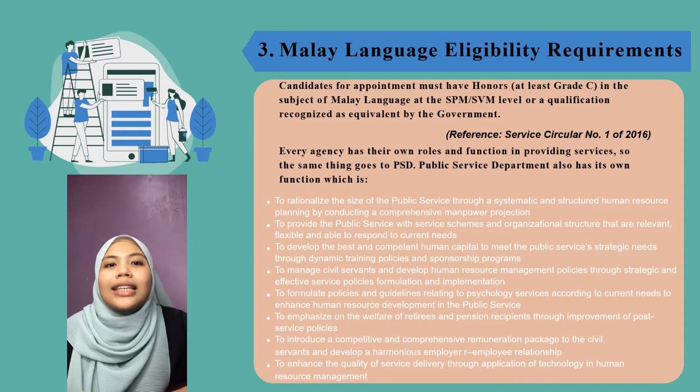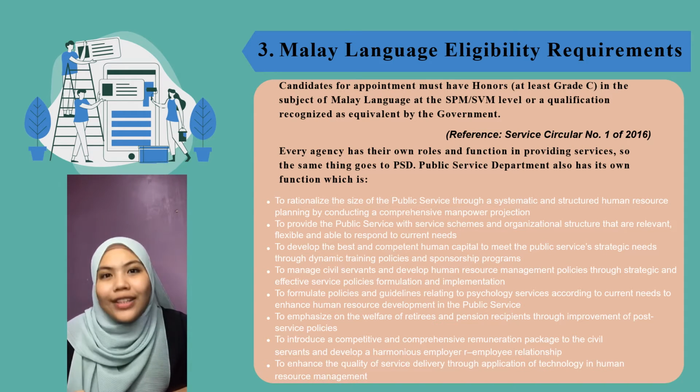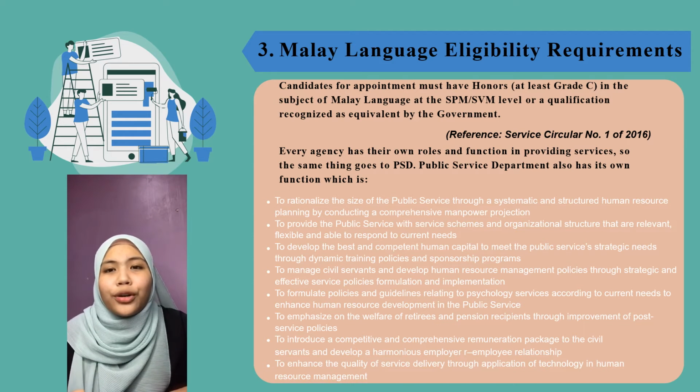Second, to create a service scheme and organizational structure of the public sector that are relevant, flexible, and capable of responding to contemporary needs. Number 3, through dynamic training policy and sponsorship programs, produce the best and most qualified human capital to meet the public service strategic needs.